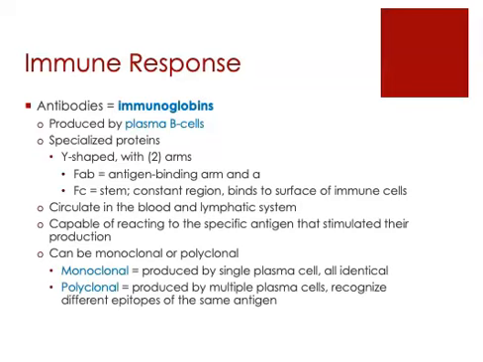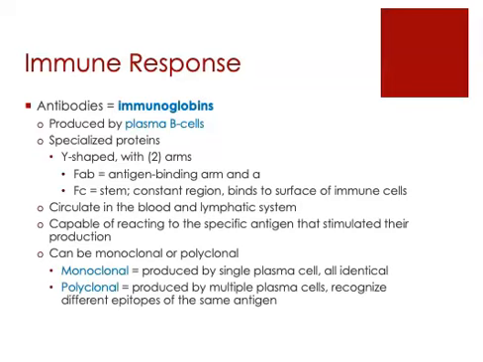Antibodies are considered humoral molecules. They are not cells by themselves. They are proteins that are produced by plasma cells. Remember, the plasma cells come about after a B cell gets activated by an active T cell.